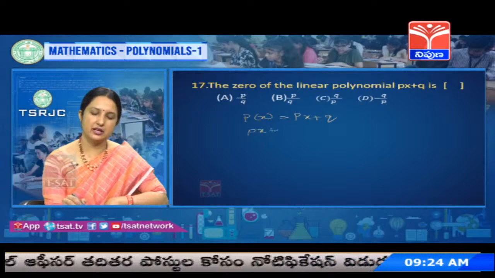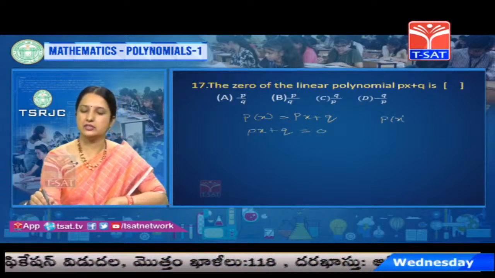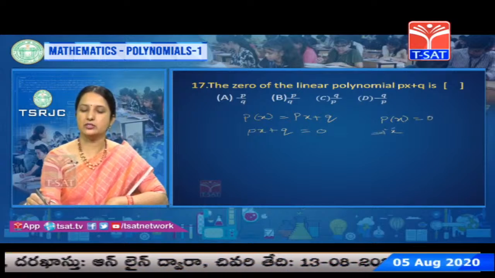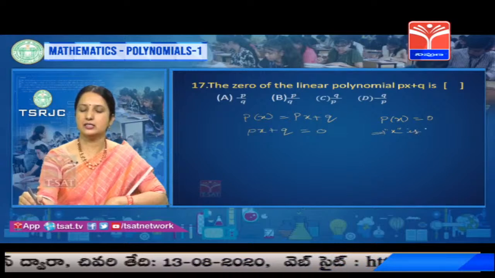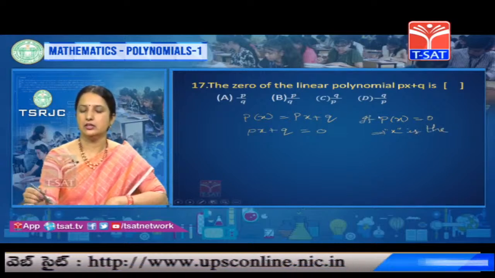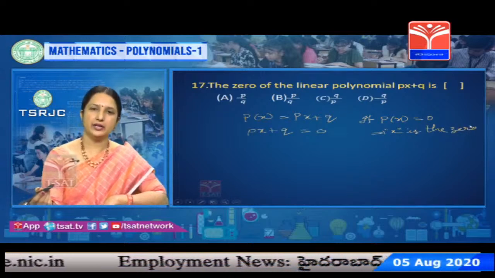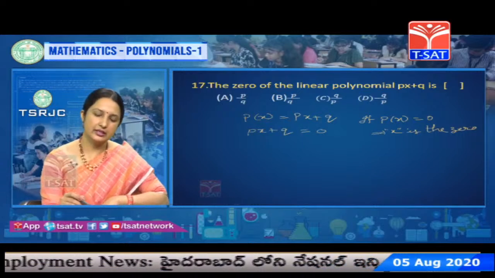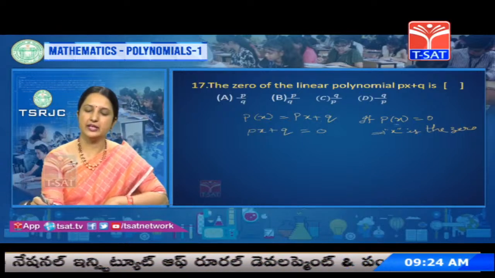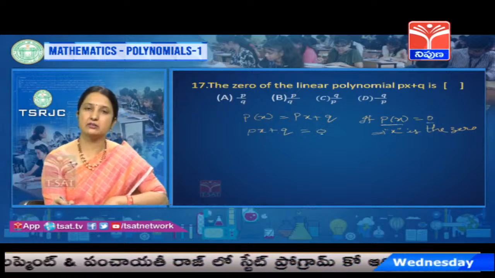When p of x equals 0, the x value is the 0. If p of x equals 0, then x is the 0 of that polynomial. Okay, so here p of x equals px plus q. So for finding the 0, we write 0 in the place of p of x.